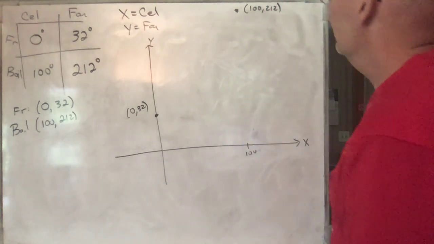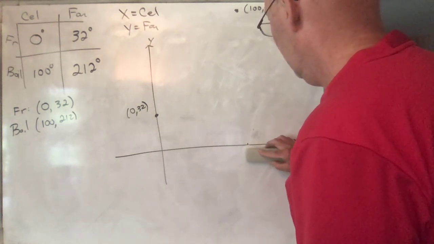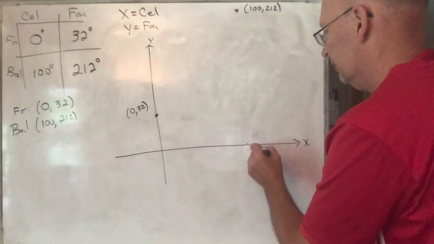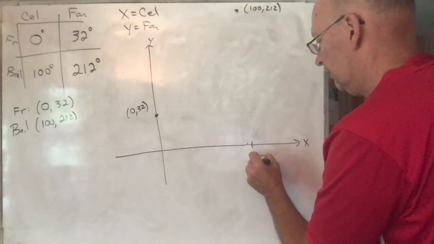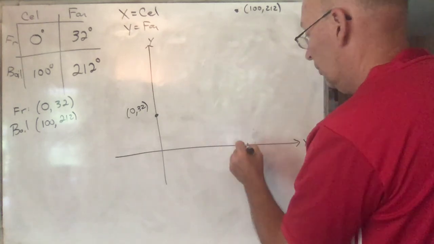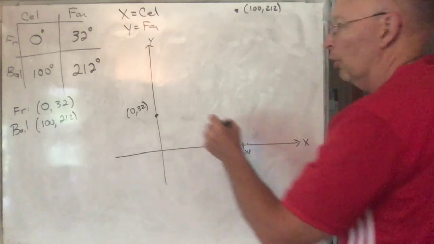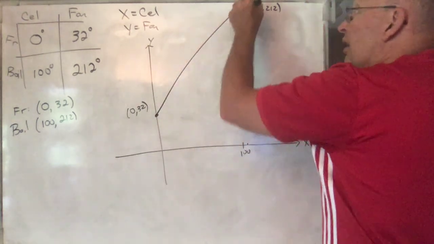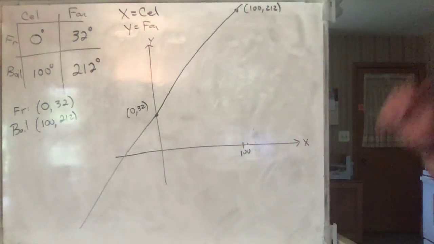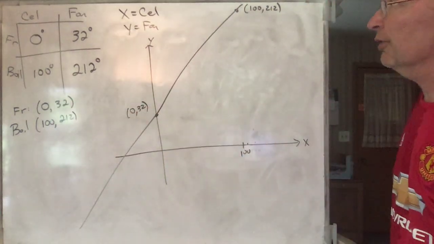Okay, let's make this a little, well, that's good enough. Okay, there it is. So this line, which goes through those 2 points, is the line which gives us the relationship between centigrade and Fahrenheit.